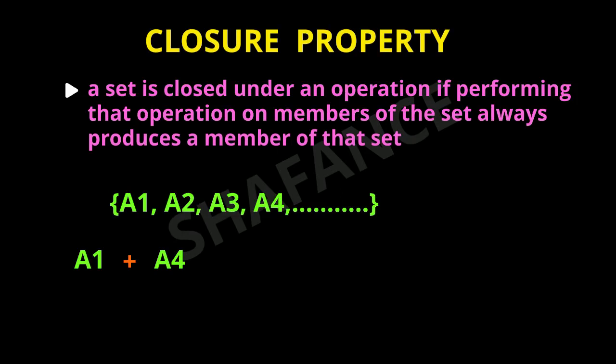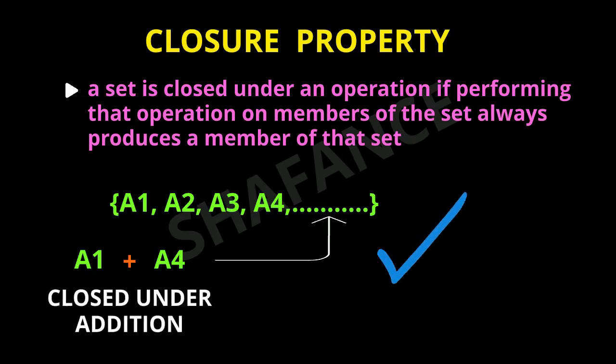As a result of this addition, what we get is a member of that set only. This A1, A2, A3, A4 is the set. The resultant answer is a member of this set only. Then the set is said to be closed under addition, because the result we get after addition is also part of that set.